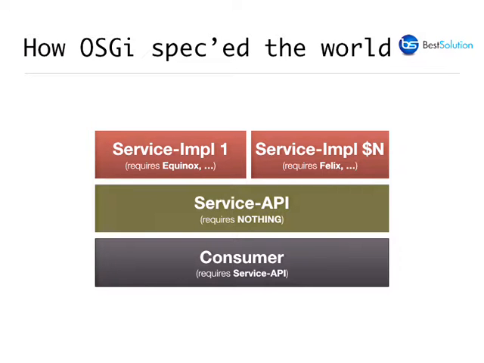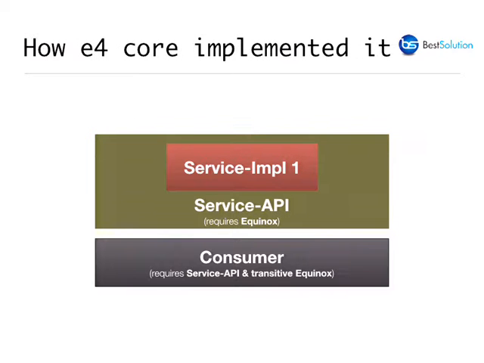The reason is that if the API bundle has dependencies, you get those dependencies as a consumer by default. You have to live with them. You can't get rid of them. It's impossible. That's how OSGi specs how you should set up your application. But in contrast to that, what we did in Eclipse 4, we created a service API bundle, which has an API, and we put the implementation in this bundle.